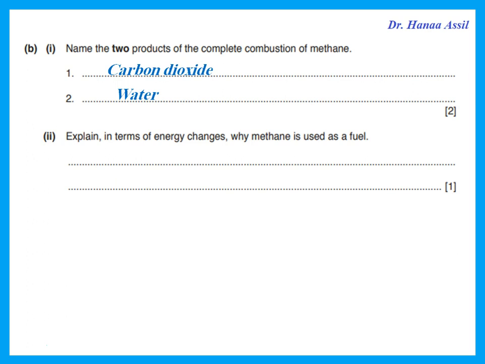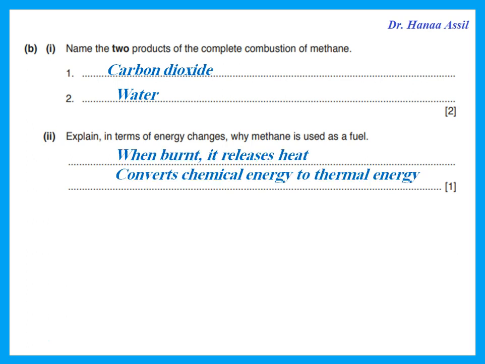Then he says, explain in terms of energy changes why methane is used as a fuel. Remember that a fuel is something that releases energy or releases heat, and in terms of energy changes, when we say that something gives out heat, that means that it is converting chemical energy to thermal energy.